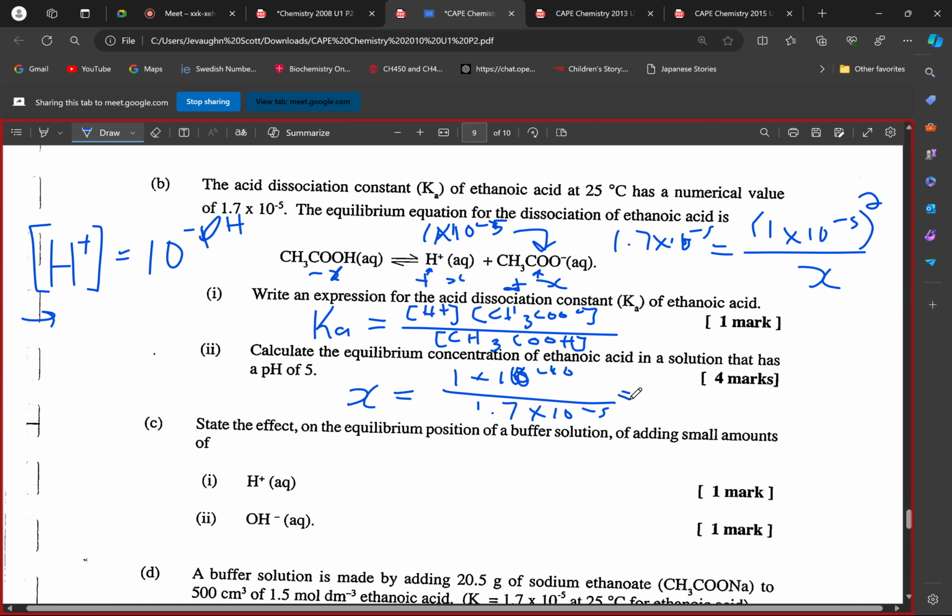Not 1.1. 5.88 times 10 to the negative 10. Negative 10, interesting. How did you get negative 10 as your final answer?